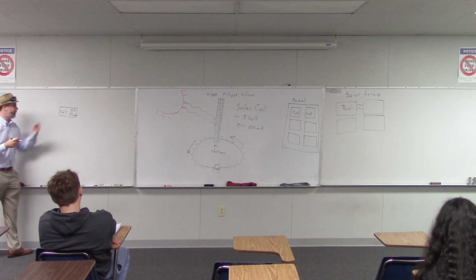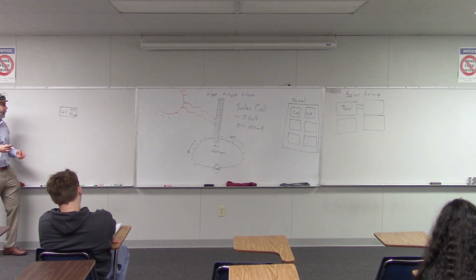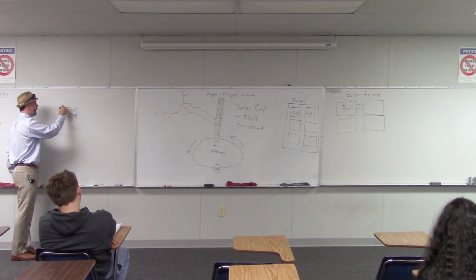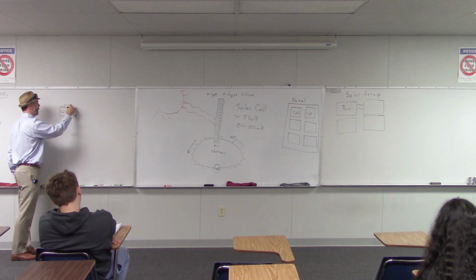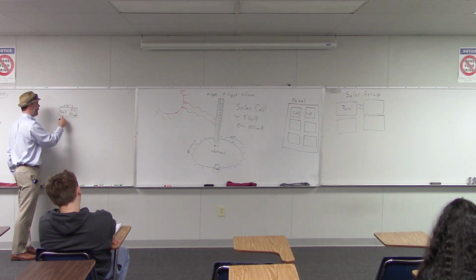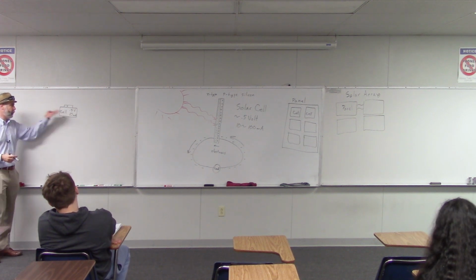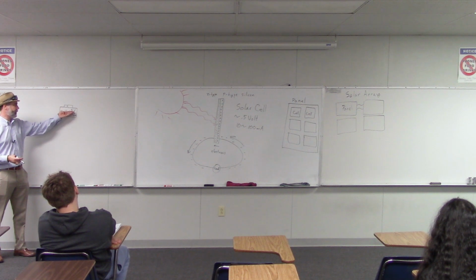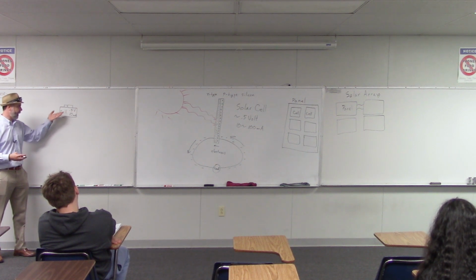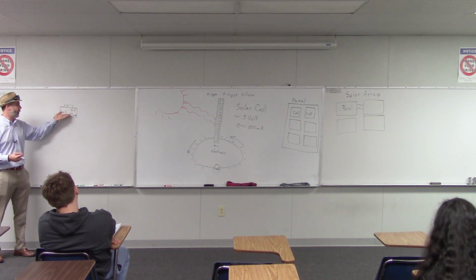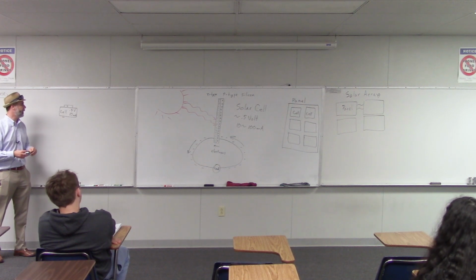This acts almost like a battery. It has a positive side and a negative side, like a battery, and a battery would produce a fixed voltage and a fixed amount of current.